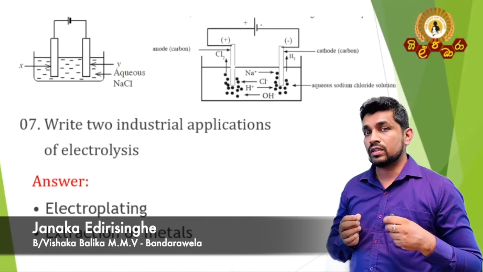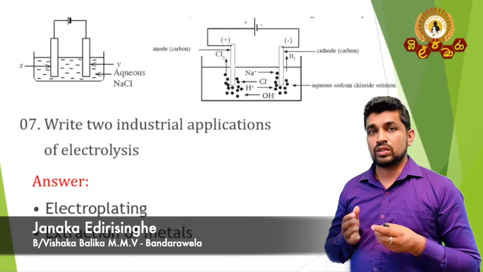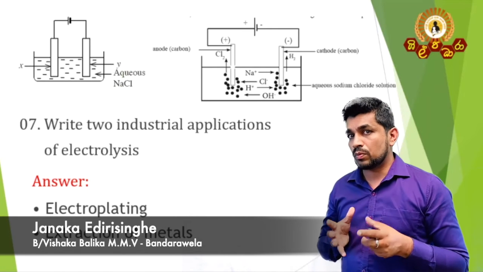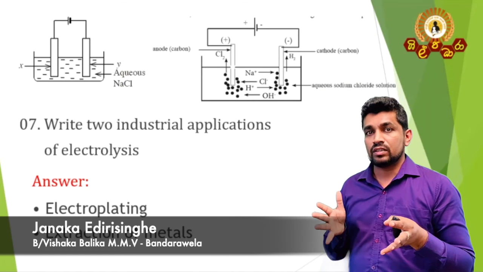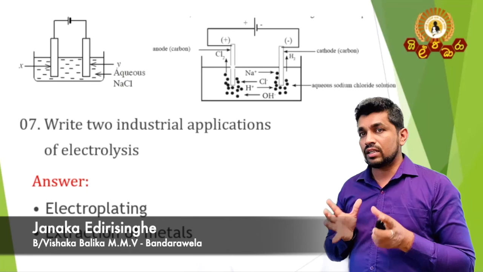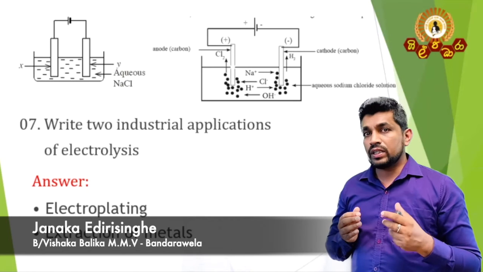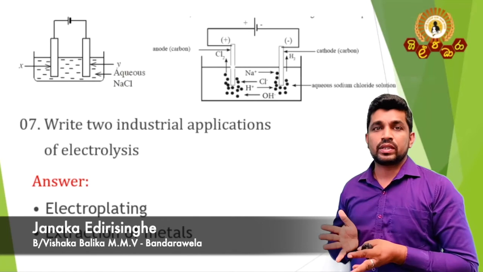That is one of the famous areas where we use electrolysis, because sometimes there are disadvantageous properties with elements, like rusting and fading. To overcome those disadvantages of the pure metals, we can coat another layer of inactive metal on it.